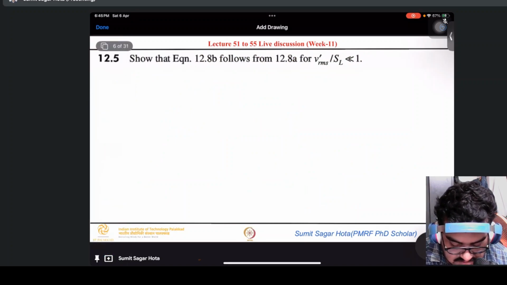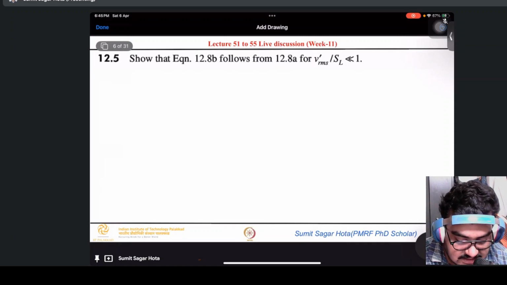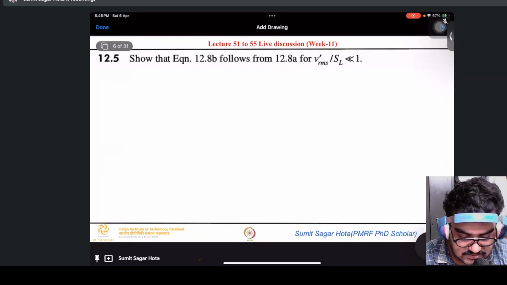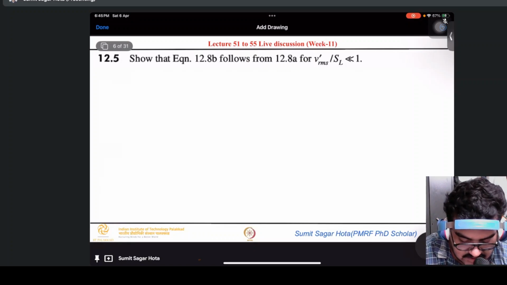Show that equation 12.8b follows from 12.8a for v_rms prime divided by S_L very much less than 1. What is 12.8a? I will write it down now.